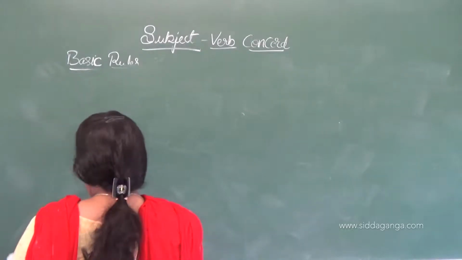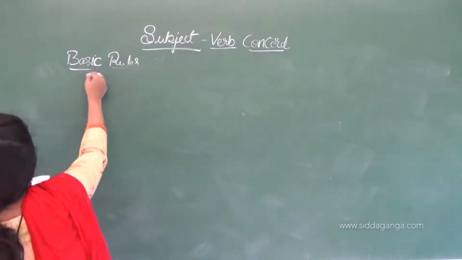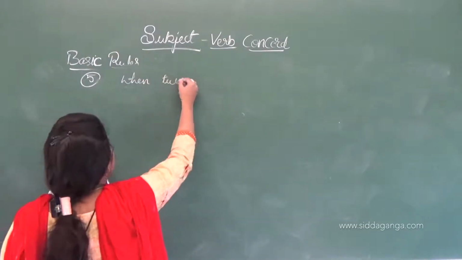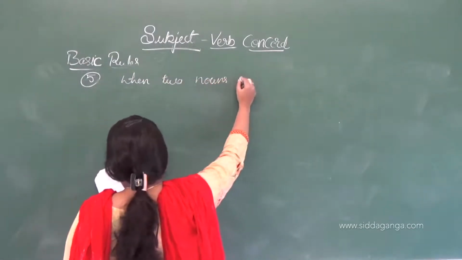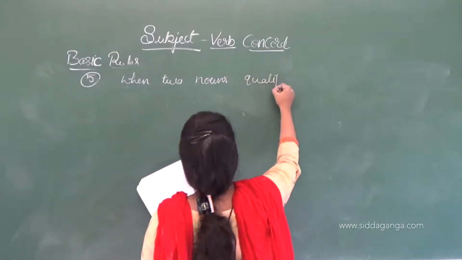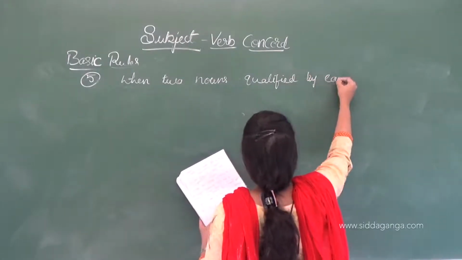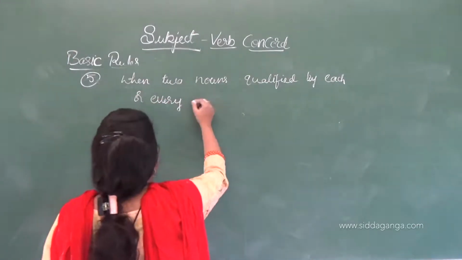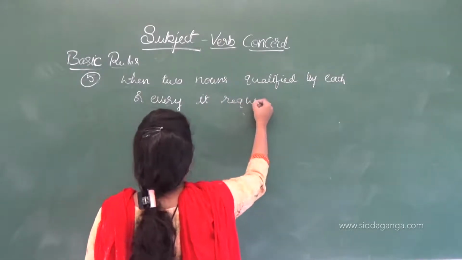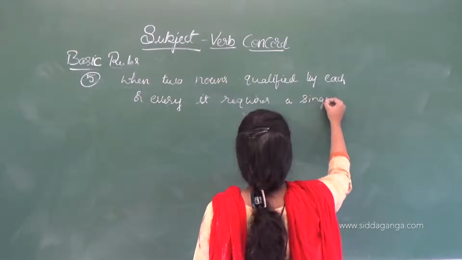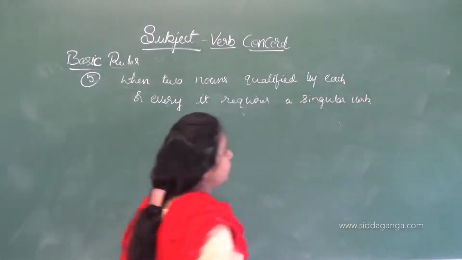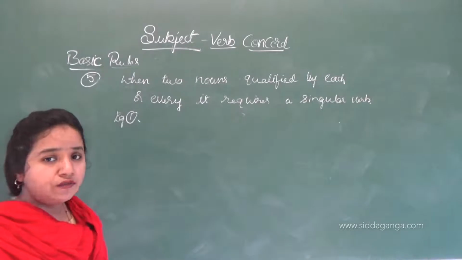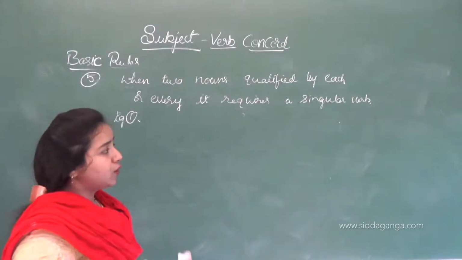Next I am saying about the fifth rule. When two nouns are qualified by each or every, it requires a singular verb.